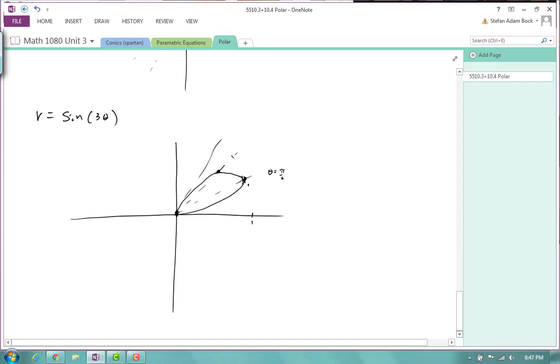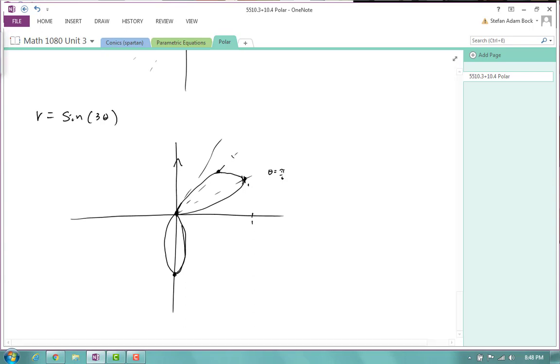Well, sine of 3 times pi over 2 is sine of 3 pi over 2, which is equal to -1. So if I'm pointing this way, my value is -1. So I actually went all the way down here. Now, if I go to, what's next? Sine of 2 pi over 3, that'll be sine of 2 pi, so I actually get back to 0.